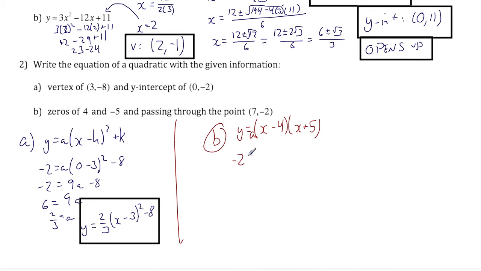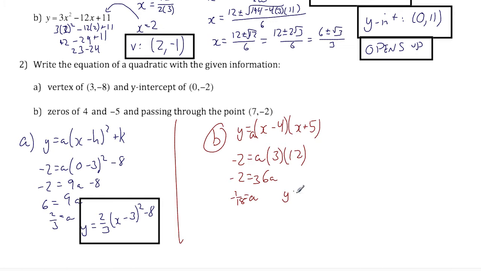So negative 2 is equal to a times 7 minus 4, which is 3, times 7 plus 5, which is 12. So that gives me negative 2 is equal to 36a. So a is equal to negative 1 over 18.